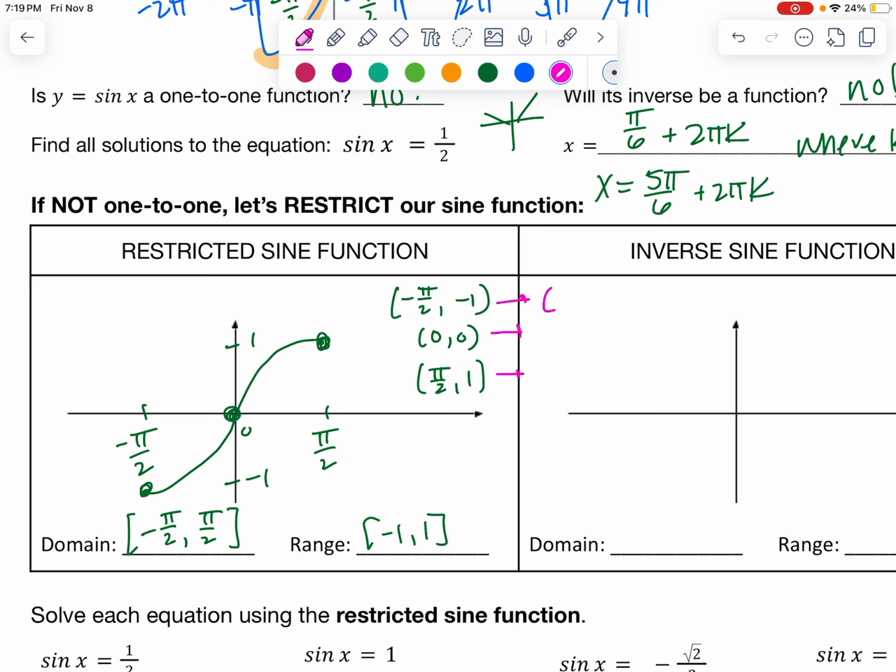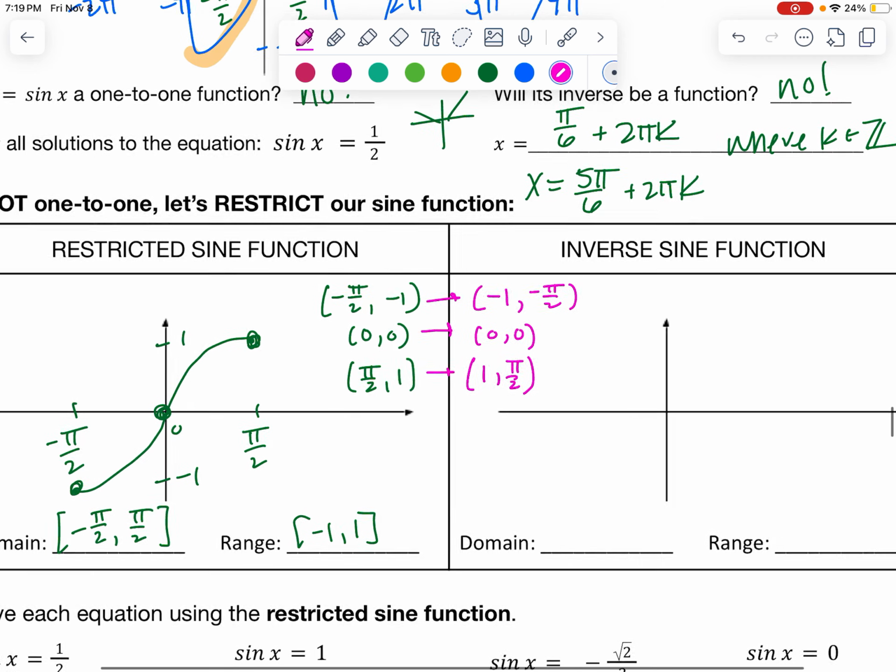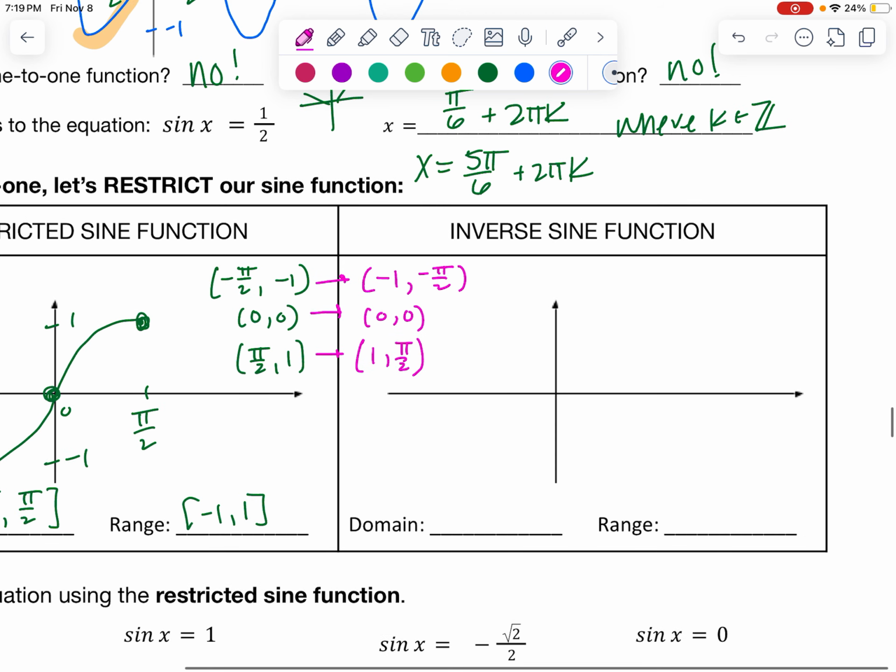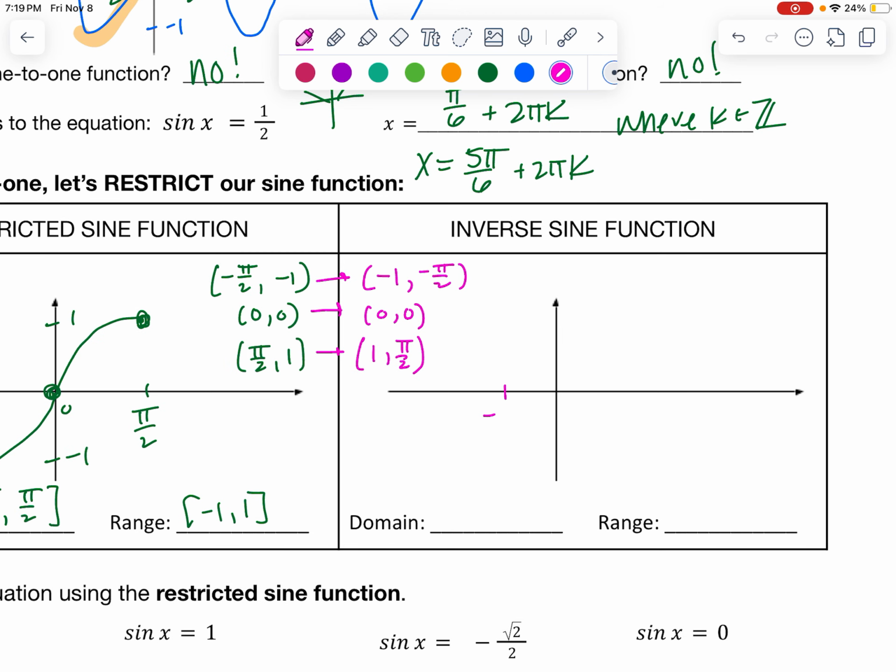So now we start with negative 1, comma negative pi over 2; 0, comma 0 stays the same; and then 1, comma pi over 2. So my x values for my inverse sine function are going to go from negative 1 to 1, and my y values go from positive pi over 2 down to negative pi over 2. 0, comma 0 still stays the same.